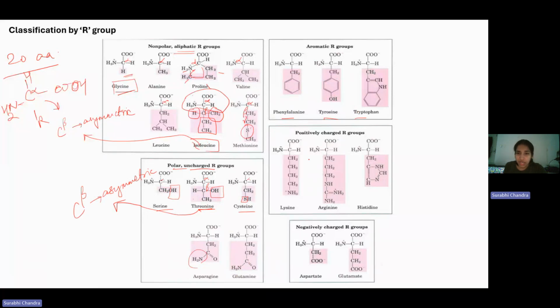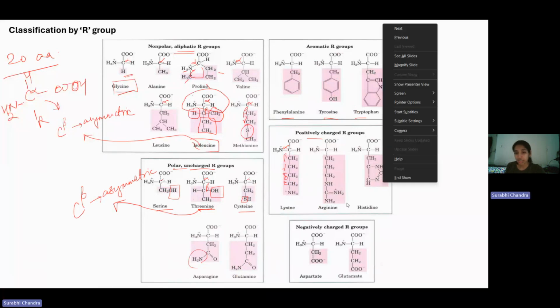Okay. Next, we have positively charged R groups, wherein there's lysine. Again, the naming will be beta, gamma, delta, epsilon, just denoting these carbon chains. There's arginine, there's histidine. Histidine has an imidazole ring attached to it.